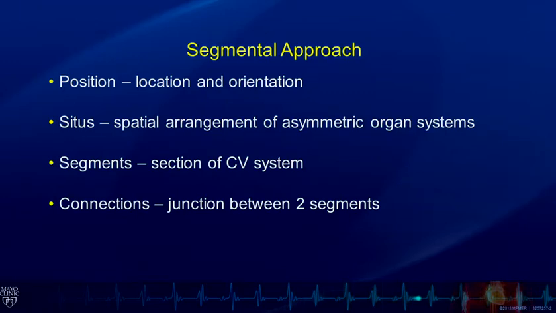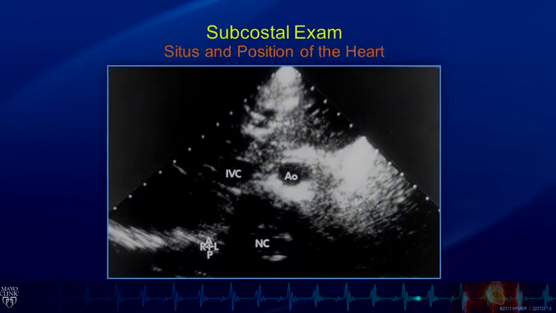Segments of the heart are extremely important in delineating complex congenital heart disease, and we'll look at those. Those are sections of the cardiovascular system, and then the connections are the junction between two segments. And we'll look at each of these in great detail.